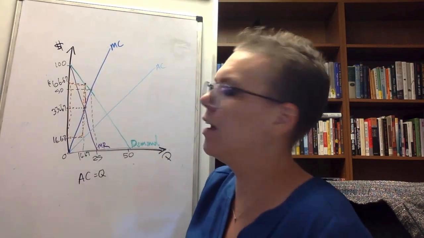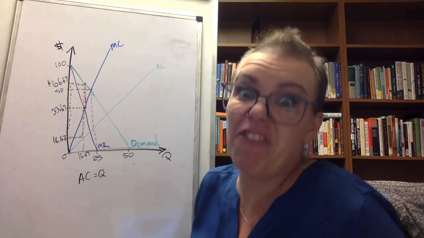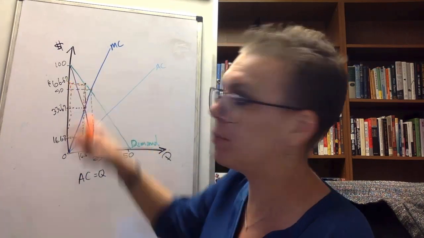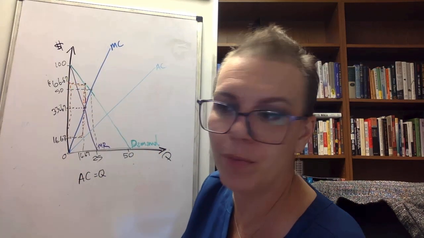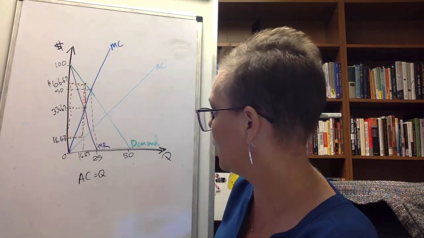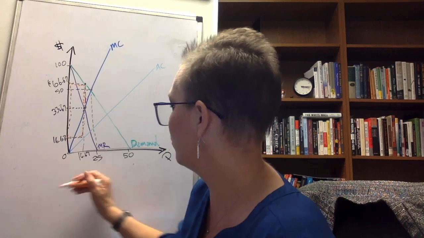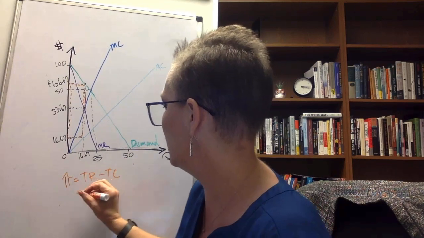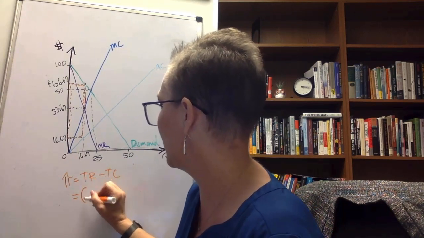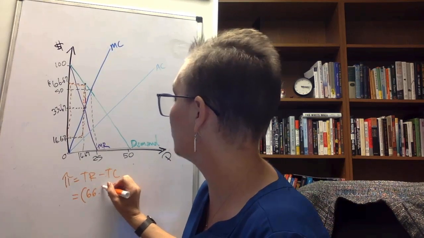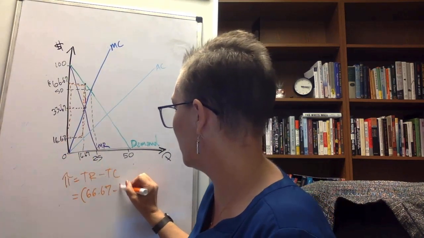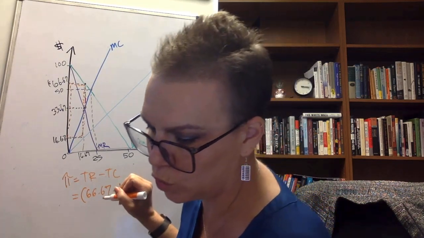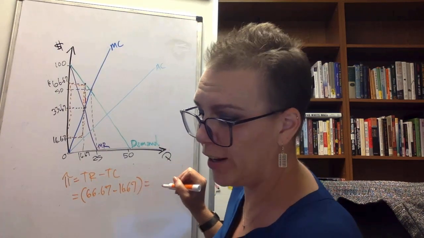And so the other way with my intro students that we calculate profits is I say find the area of the rectangle. It's the quantity sold and the markup on that quantity, right? The markup over average cost. So what we want to see is what profits are when profits are equal to total revenue minus total cost. So I'm going to do it the way that I'm the most comfortable, which is I'm going to say I want to find price, 66.67, minus average cost, 16.67, which is going to give me 50.3 or 50.